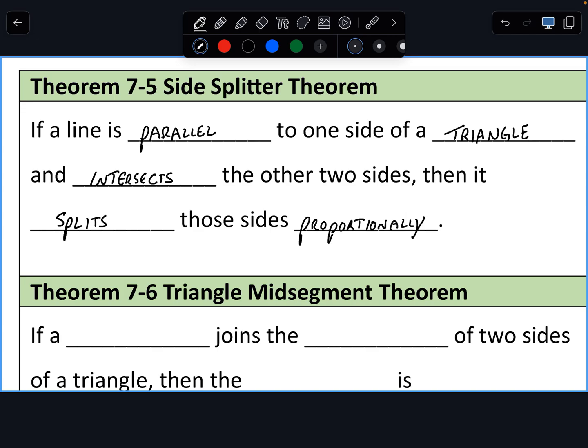And basically all this means is that we're going to have pieces of the sides of the triangle that have the same relationship. We can set up proportions and solve.